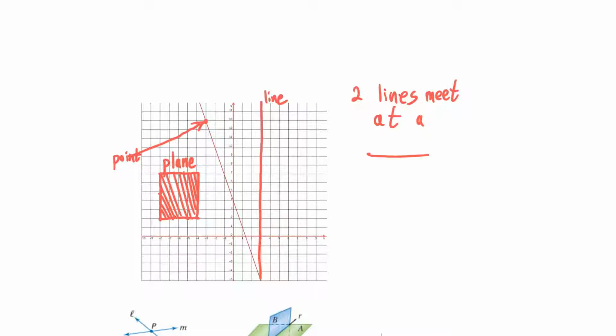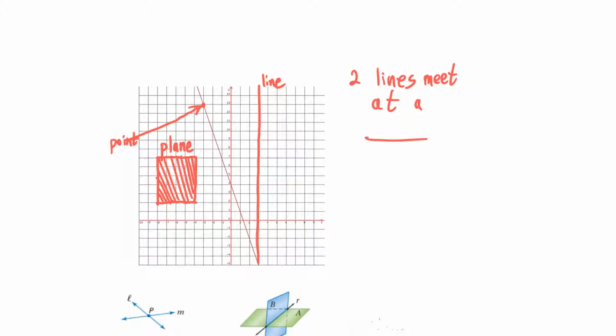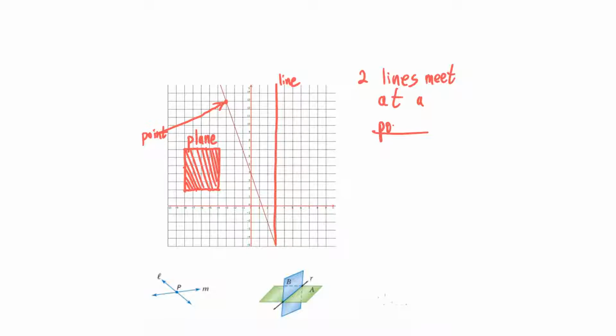Where two lines meet up, where do they meet up at? Good, at a point. If you think about it on here, where this line meets up with this line, see this line and this line meet up at a single point.